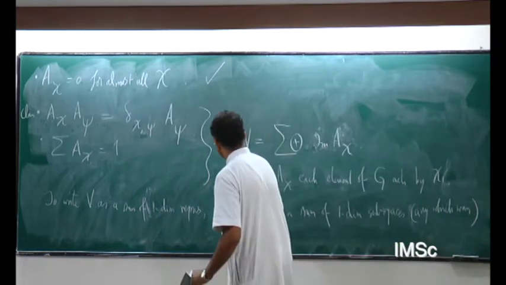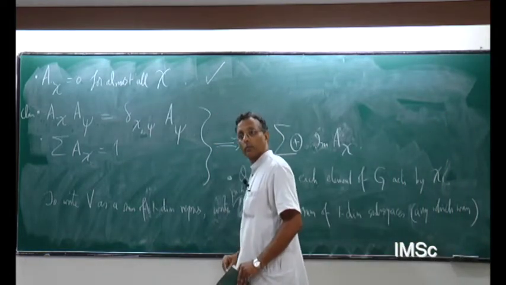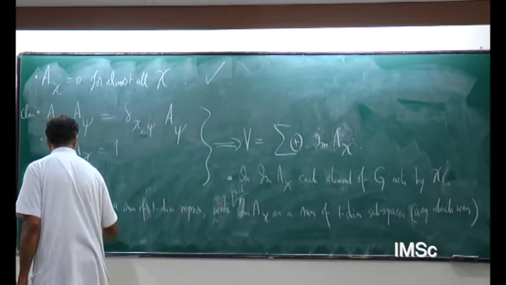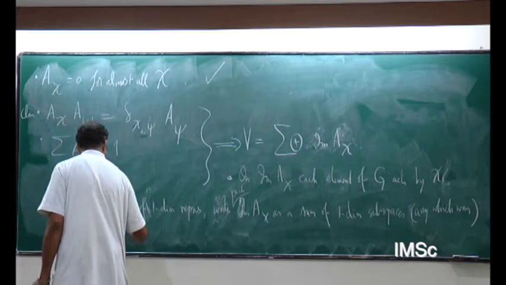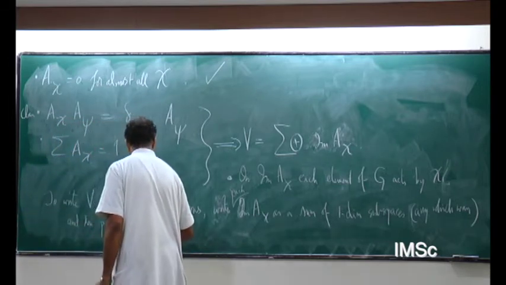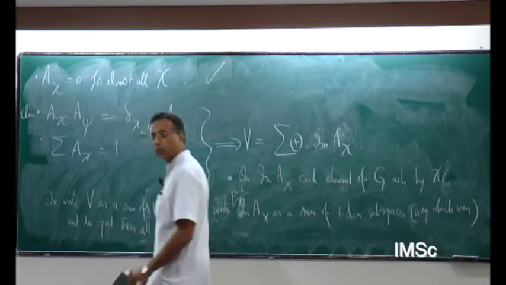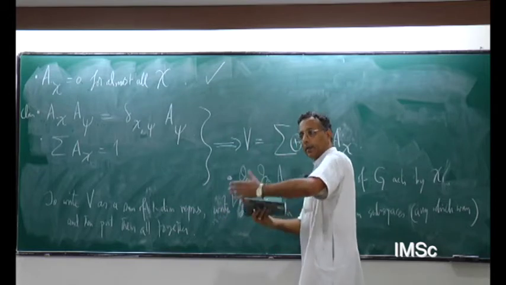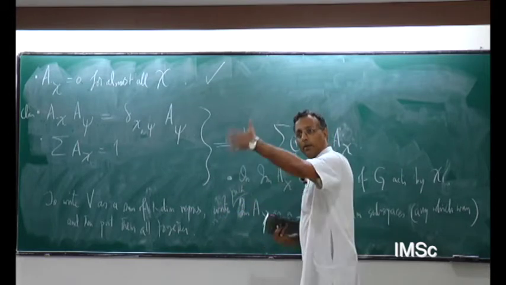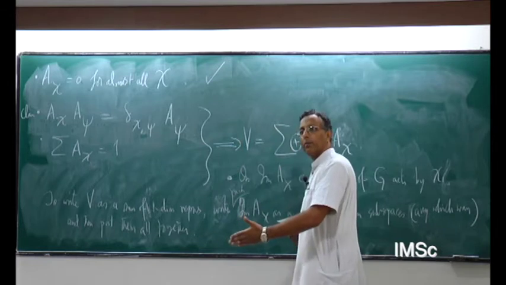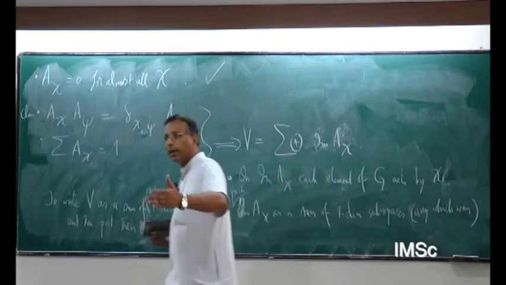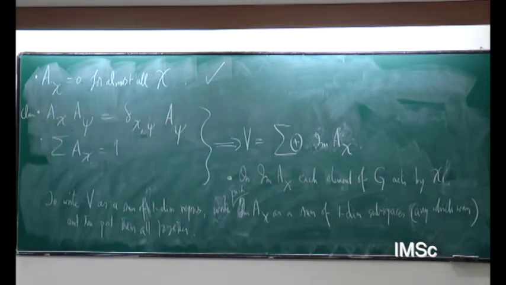Each, and then put them all together. Meaning you take A chi 1, A chi 2, A chi 3, etc. Look at their images, they are subspaces. This subspace is a sum of lines. The next one is a sum of lines, etc. And take the whole set. That will do the job.